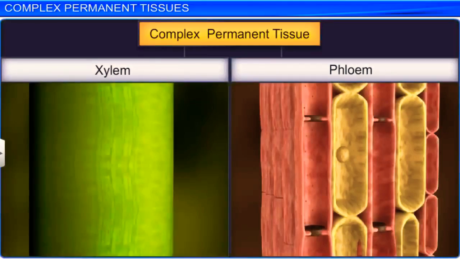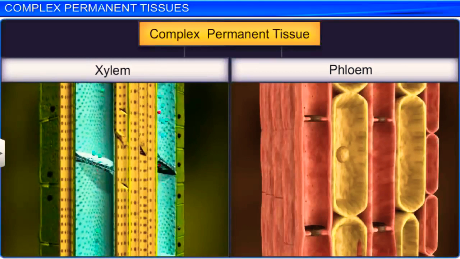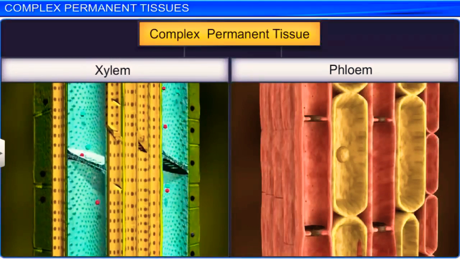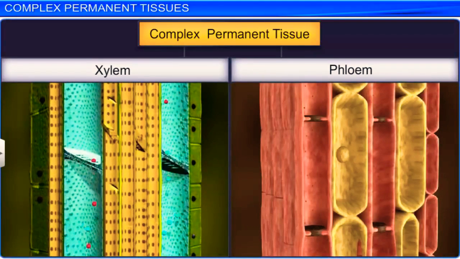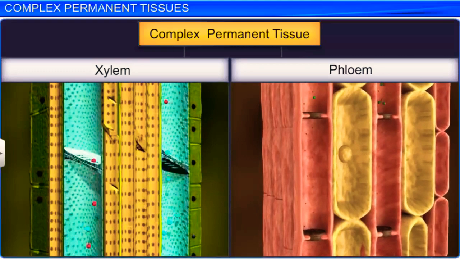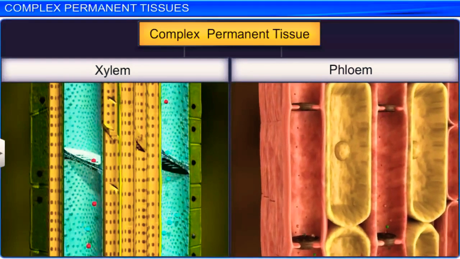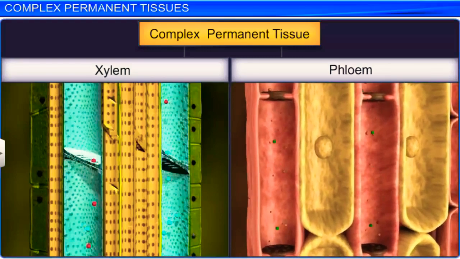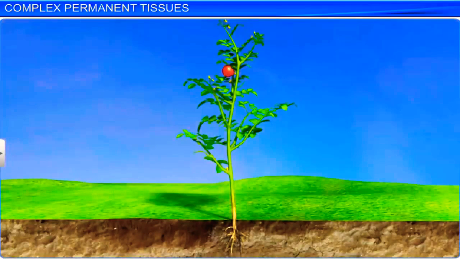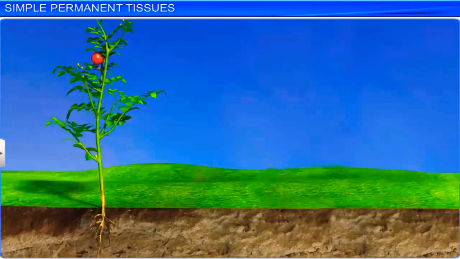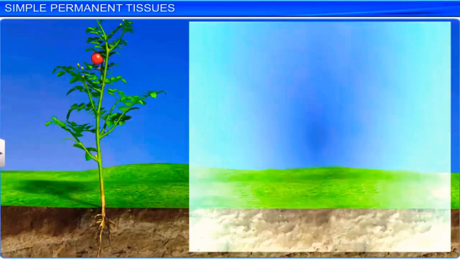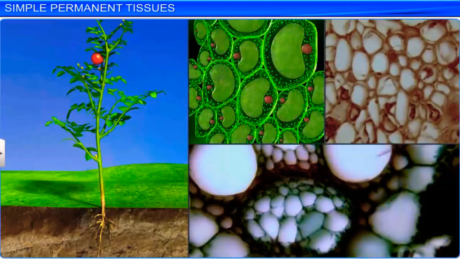Complex permanent tissues are engaged in the transportation of water, minerals, nutrients, and organic substances. Therefore, they are extremely essential for the survival of plants. Permanent plant tissue is a group of cells which are complete in growth and usually incapable of meristematic activity.